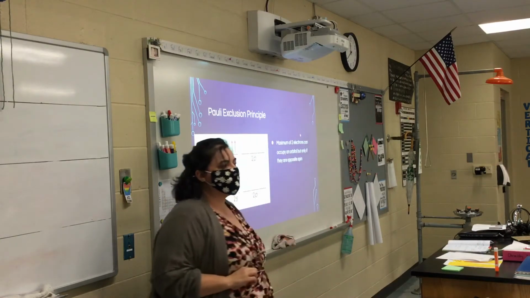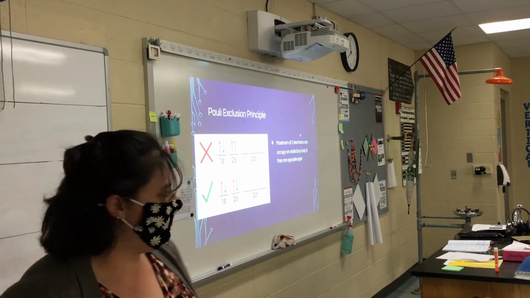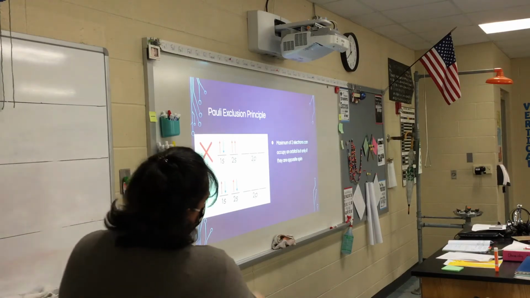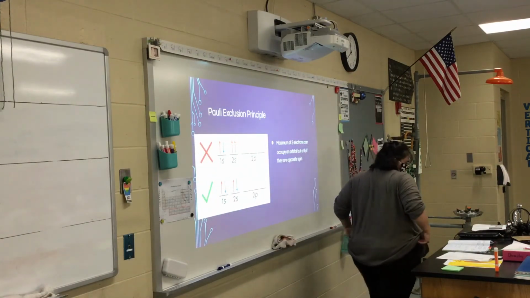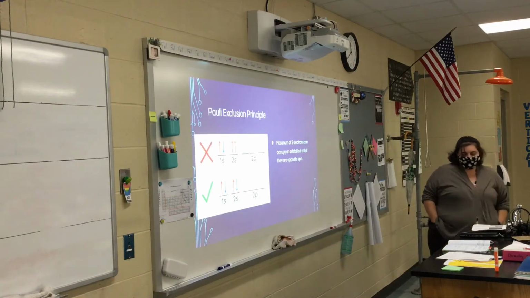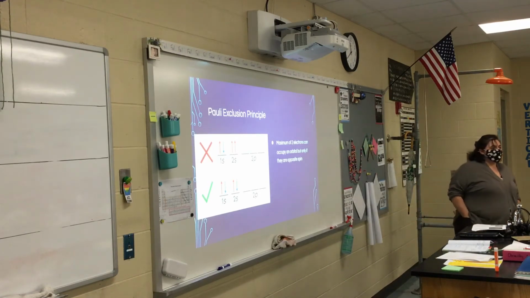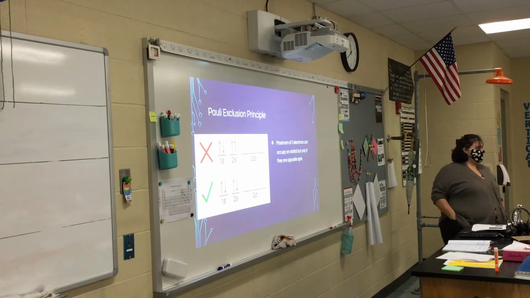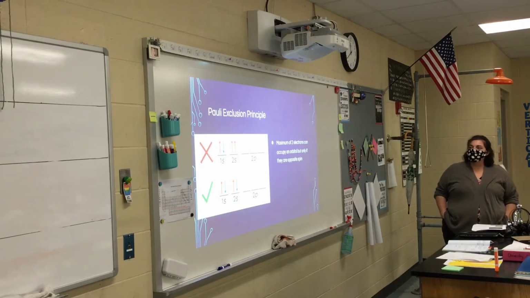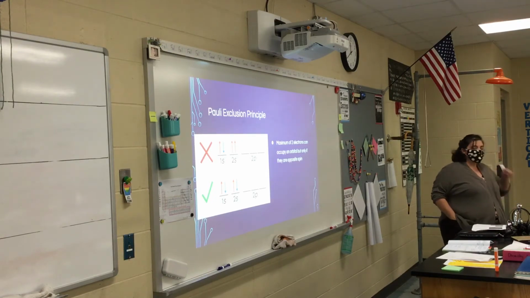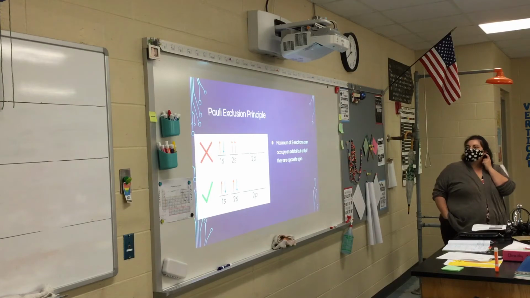The Pauli exclusion principle. This is a scientist's name, Pauli. His name was Wolfgang Pauli. He's an Austrian physicist. And his exclusion principle is going to help us out a little bit. We're going to be able to make a connection here between this and the quantum numbers.